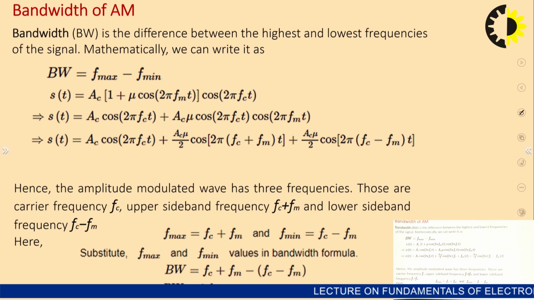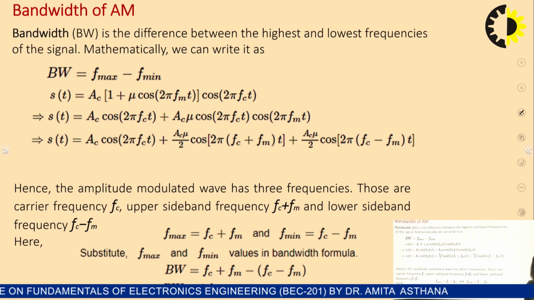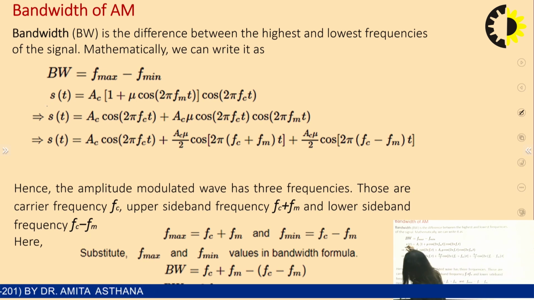Now coming to the bandwidth of the amplitude modulation. The bandwidth is the maximum frequency minus the minimum frequency. So we need to find the maximum and minimum frequency in the standard equation of amplitude modulation.